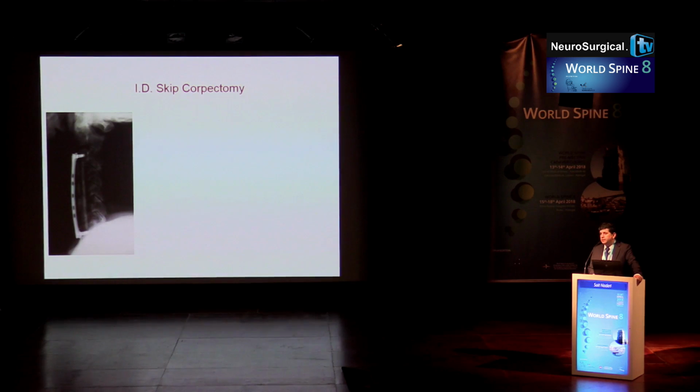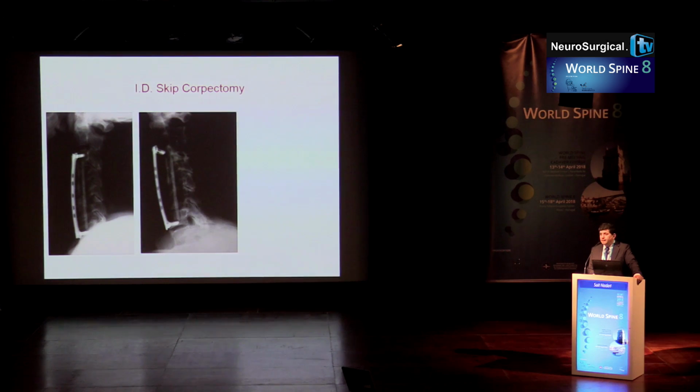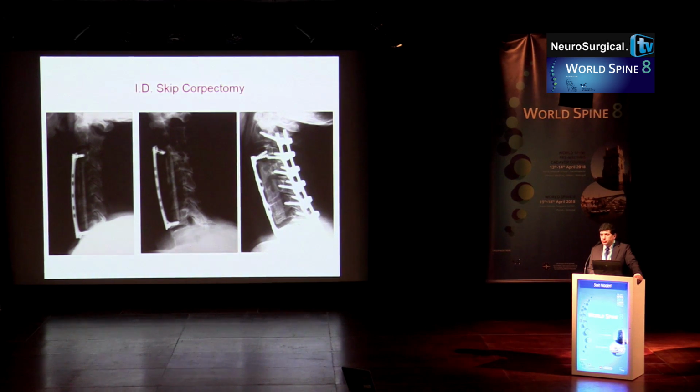As you know, if there is indication for 3-level corpectomy, you can do 3-level corpectomy, and in order to prevent late complications like this, you need to do a posterior plus anterior stabilization. In order to avoid a posterior surgery, you can do a skip corpectomy.